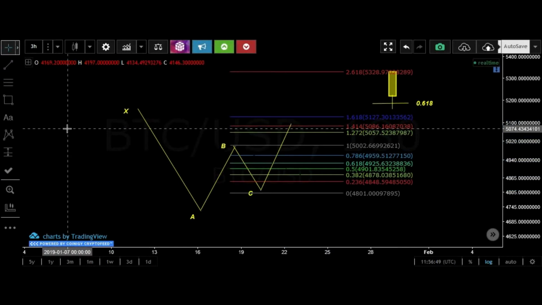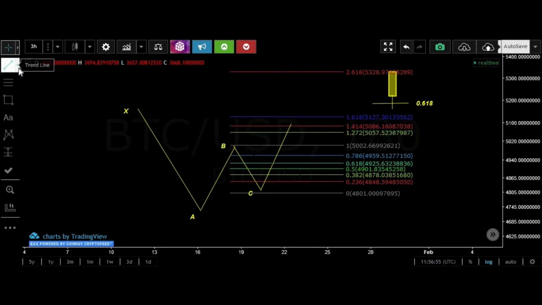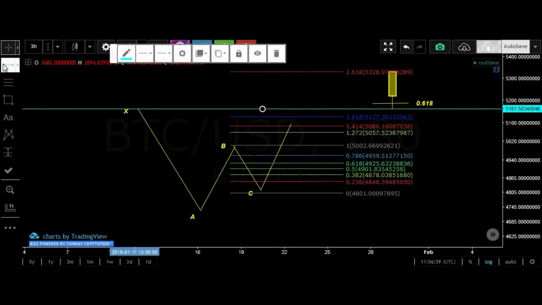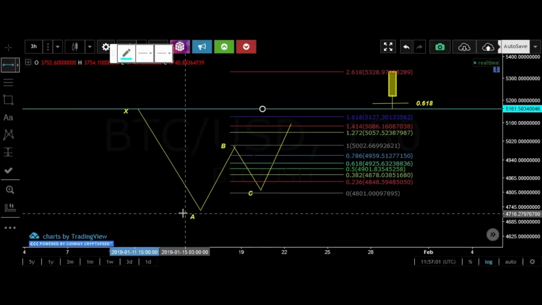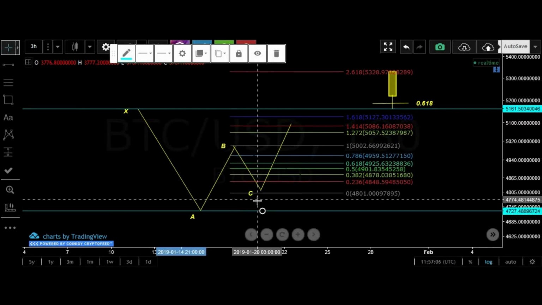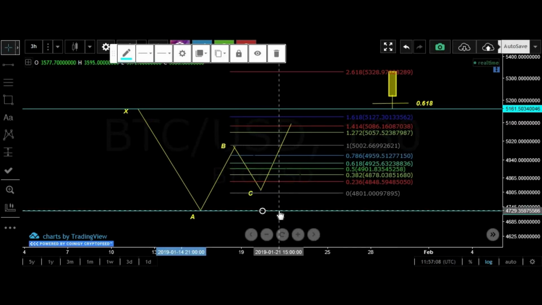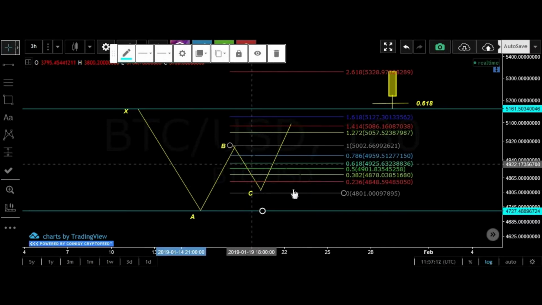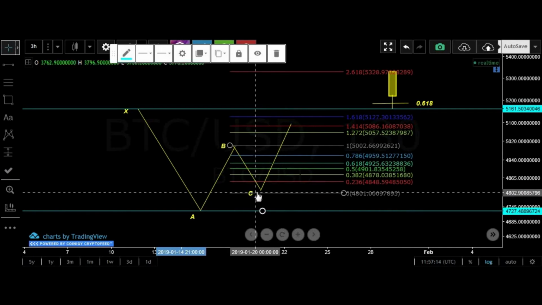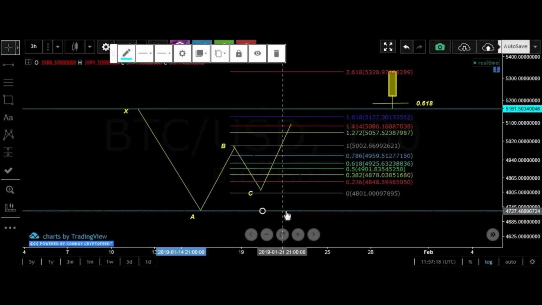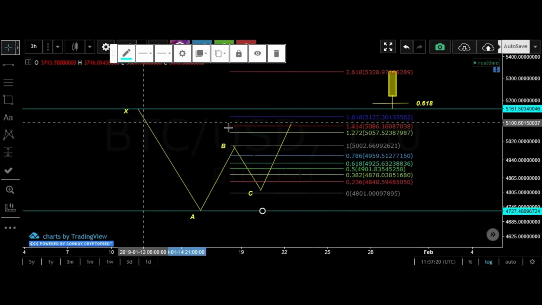So there are so many things you all need to take note of. The first thing is what? The X leg level and the A leg level. Once price drops down to touch or test the A leg level, this bearish Gartley pattern is not valid because it doesn't have the accurate Fibonacci calculation ratio within this A leg and the X leg.